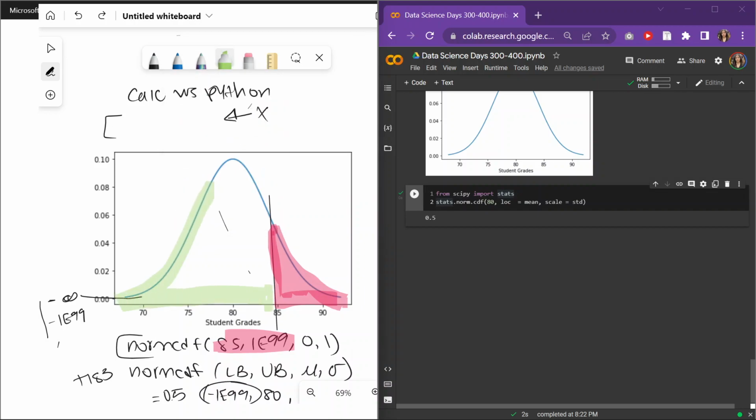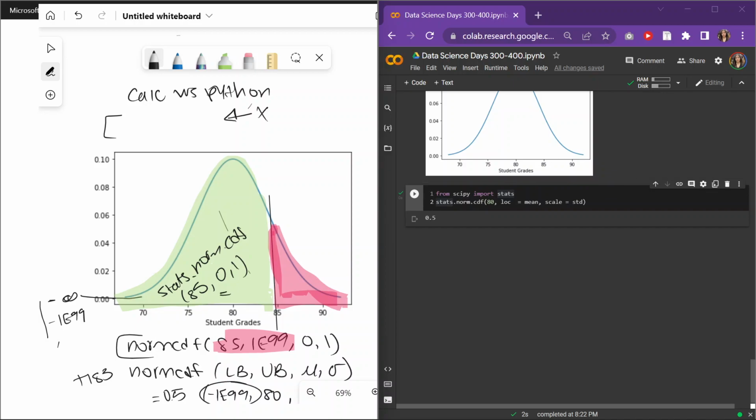So if I want the proportion of students who got an 85 or greater as a grade, then in Python, what I'm actually calculating with stats.norm.cdf of 85, 0, 1, so this is the mean and standard deviation, that's going to give me this green area.